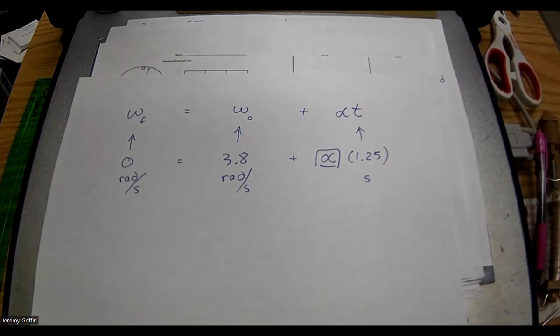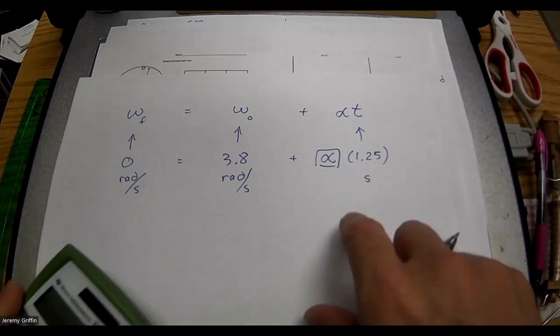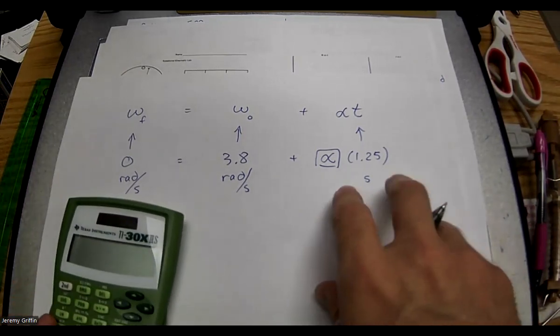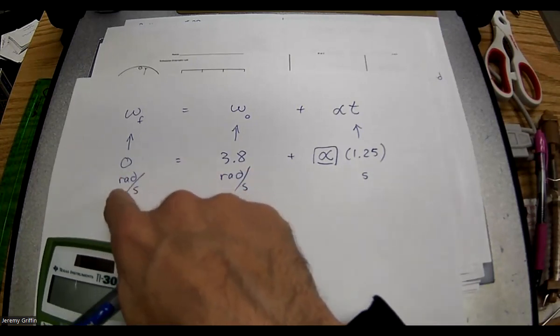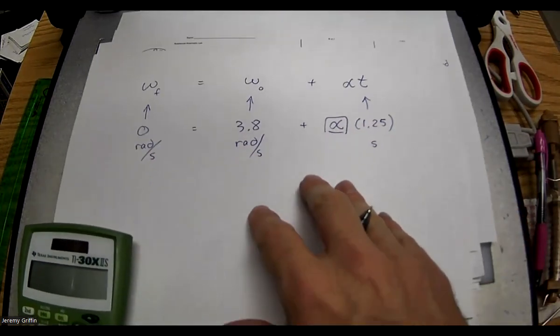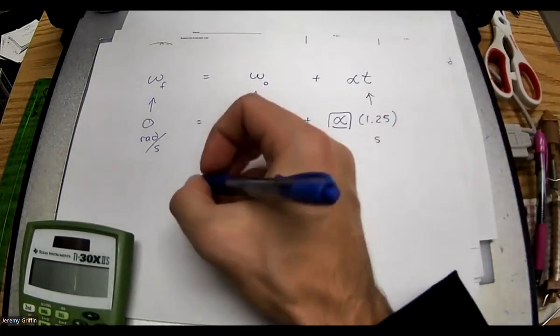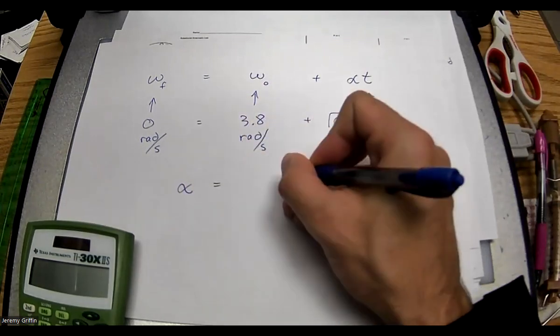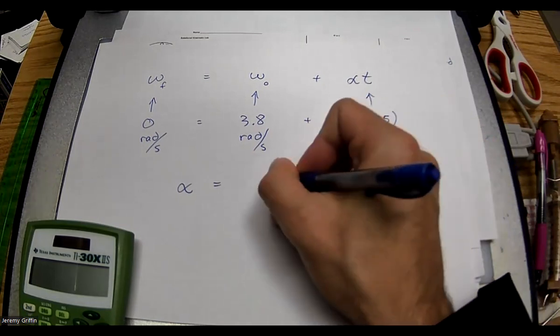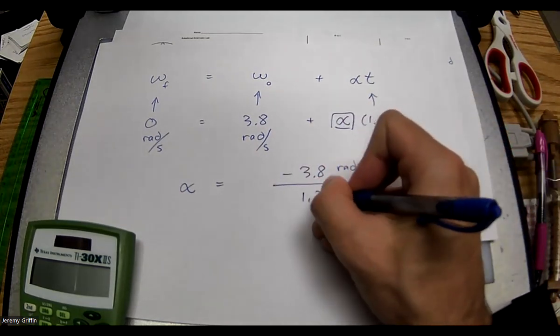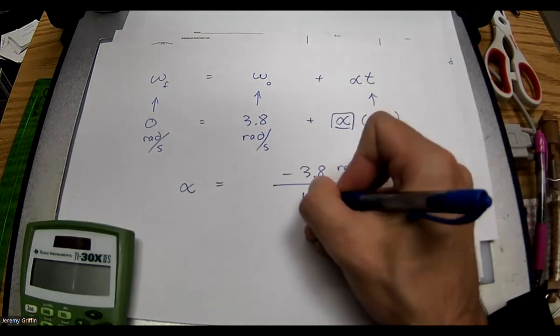Is that right? Can I subtract over the 3.8 and then divide down the 1.25? Of course, all these numbers have units attached to them. So alpha is equal to negative 3.8 radians per second divided by 1.25 seconds.